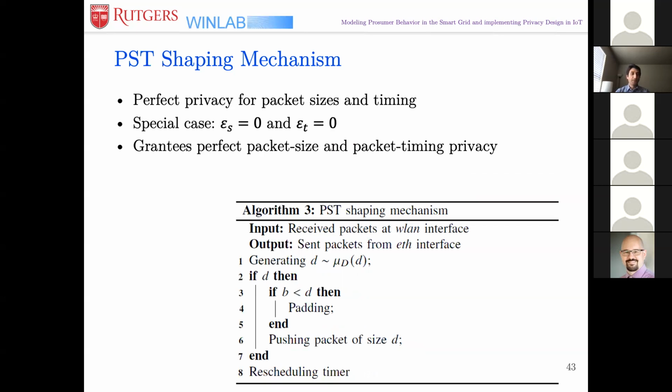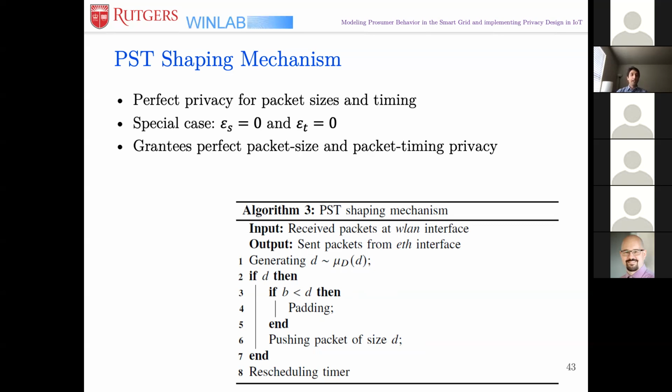The third mechanism based on theoretical design is the PST mechanism, which is another special case of the DPS mechanism with both epsilons equal to 0, which does not allow inferring any information about private user activities.